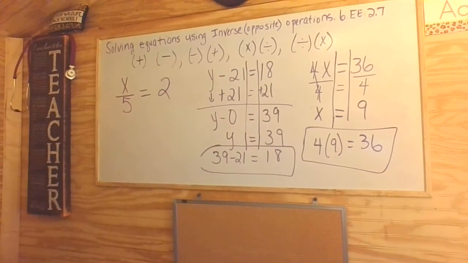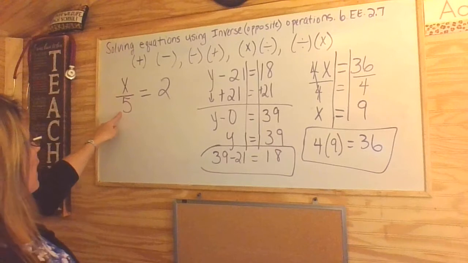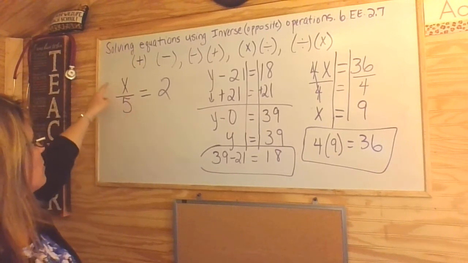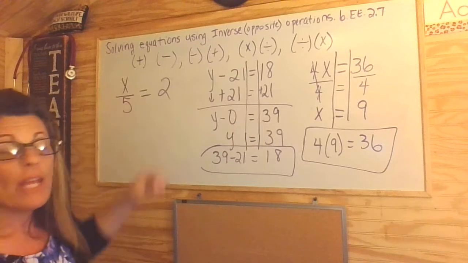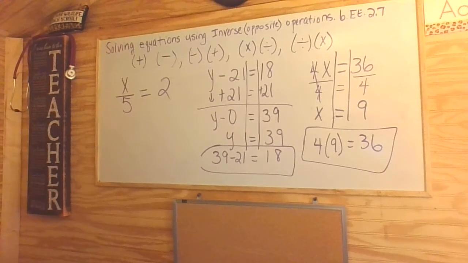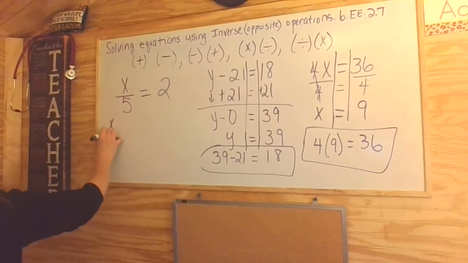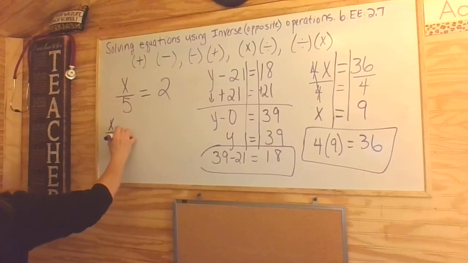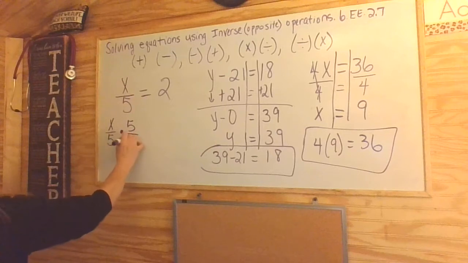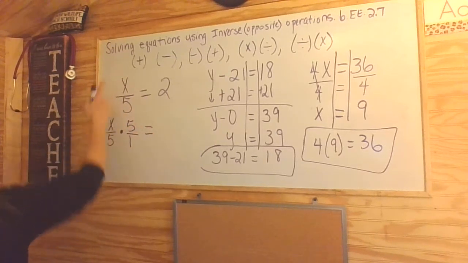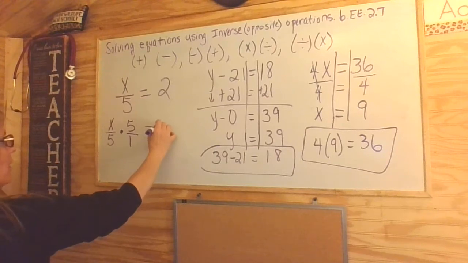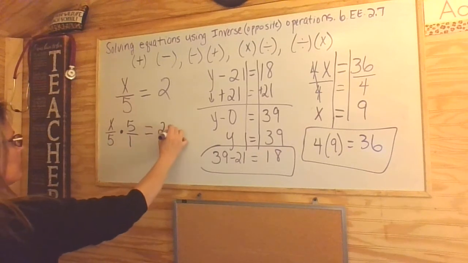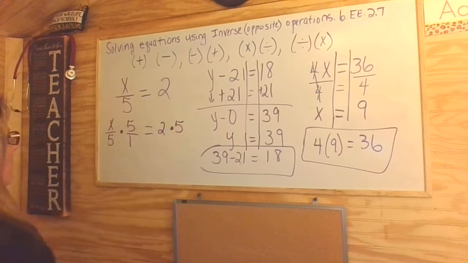Okay, x over 5 equals 2. So whatever this number is, divided by 5, is going to equal 2. The opposite of division is multiplication. So I do x over 5 times 5 over 1, because I must isolate my x, so I must get rid of my 5. Whatever I do to one side, I must do to the other side.